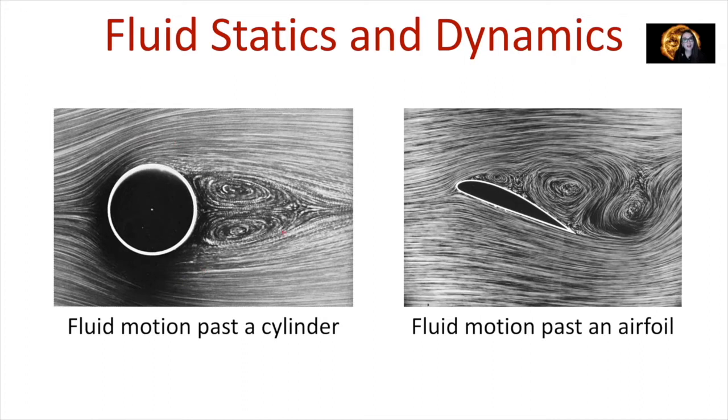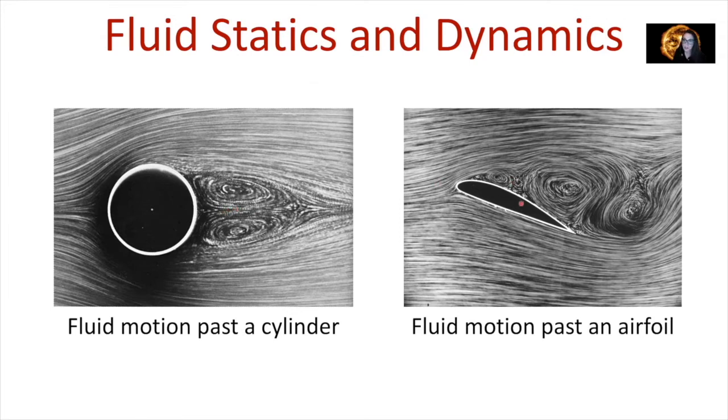But on the back side of the object, it creates turbulence. It creates these little swirling vortices, or what we call eddies back here, swirling eddies. And then you have some interesting shapes, patterns of the way that the fluid will flow behind the object. And this can impact things like the pressure difference between the front side and the back side of this object as it's moving through fluid.